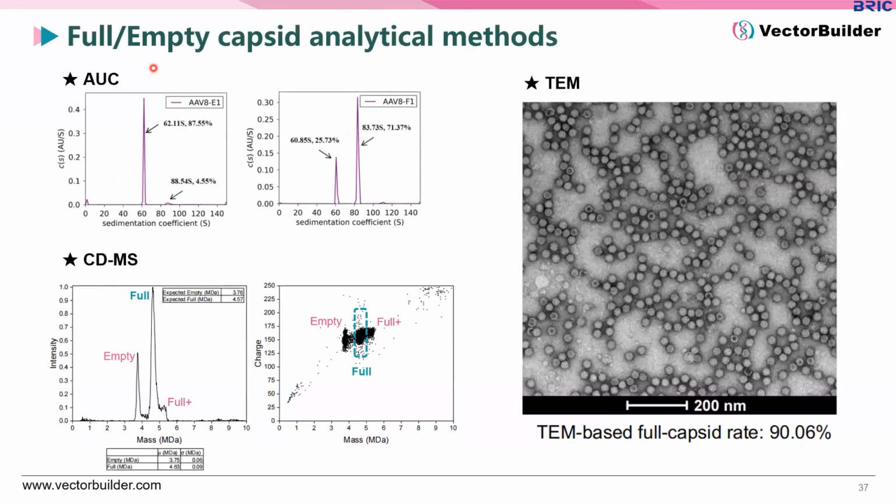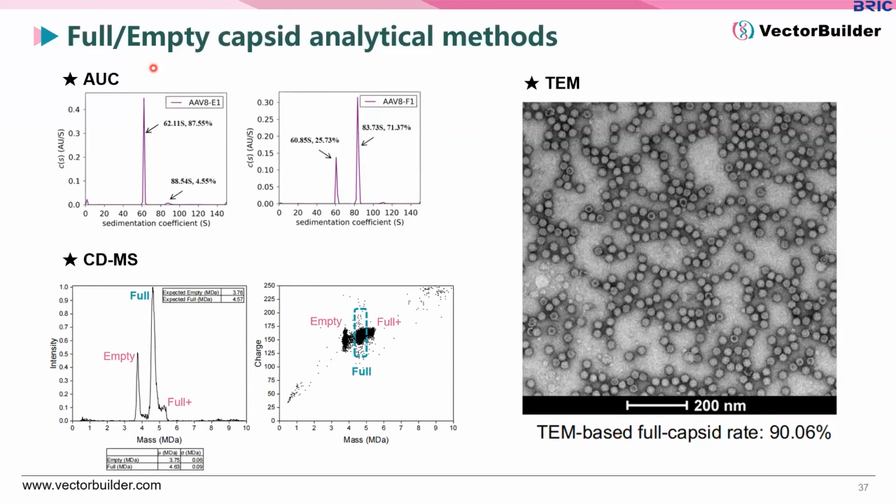About CDMO, another thing that is very critical is the quality of the drug itself. For AAV vectors, a lot of people are very concerned about full capsid and empty capsid and the ratio between them. We have developed different ways to measure the full and empty capsids. For example, analytical ultracentrifugation.